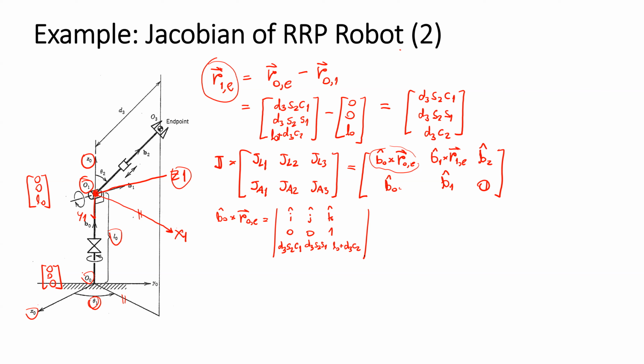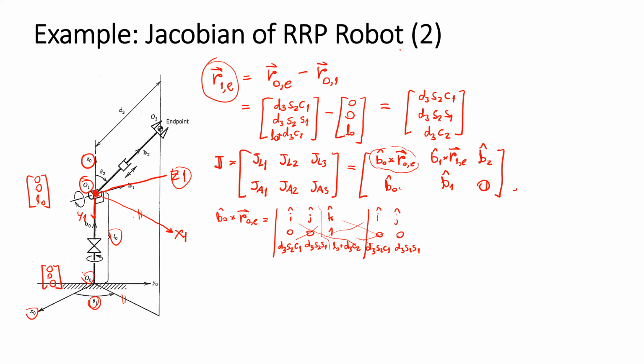We need to obtain the cross product of these two vectors. The method that I suggest here is we extend these two columns. And when we obtain the product of this, it will be positive. And for the upward, it will be negative.